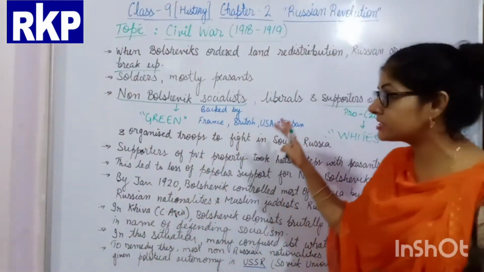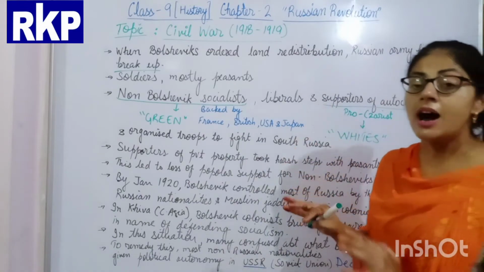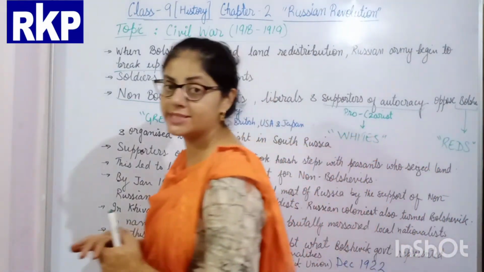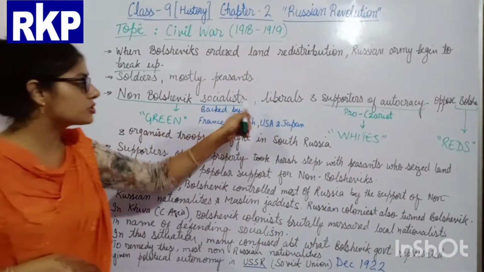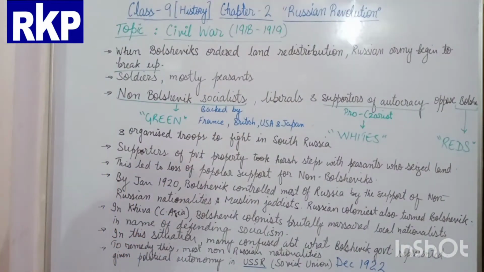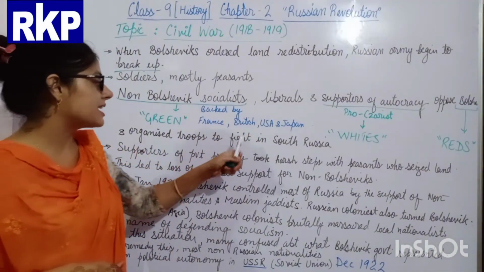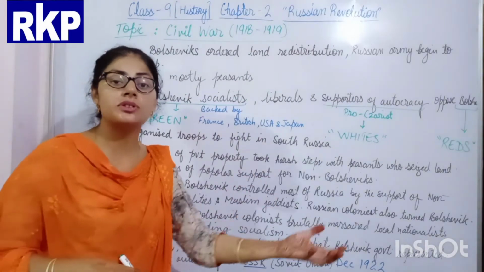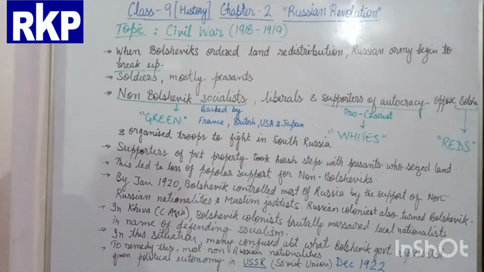That's why they supported the groups opposing the Bolshevik party. All of them organized troops to fight in South Russia against the Bolshevik party.